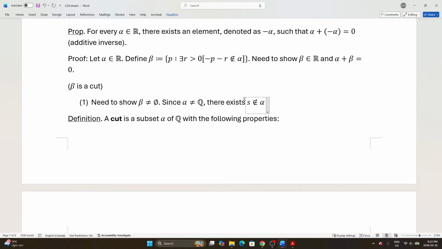I want to base it on S and construct something that is in beta.